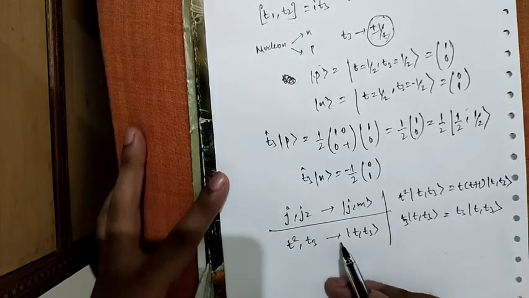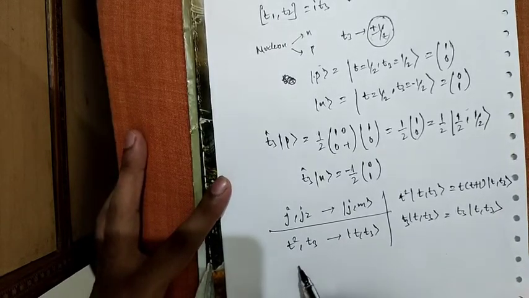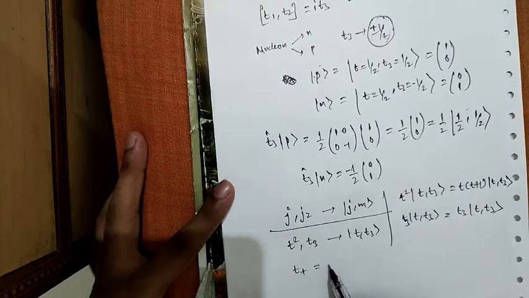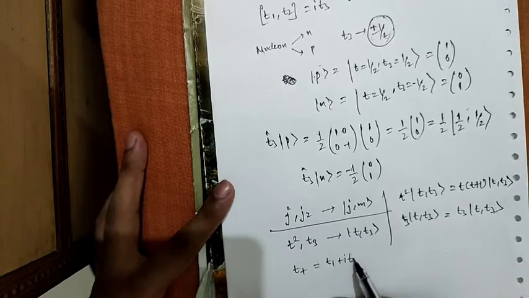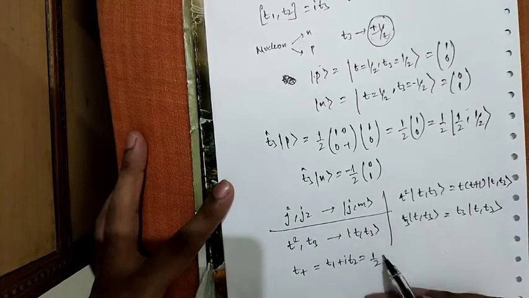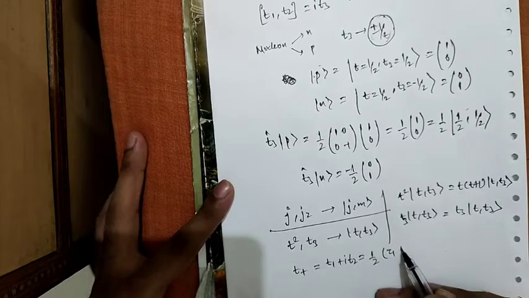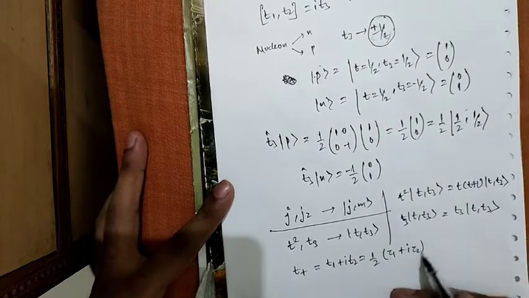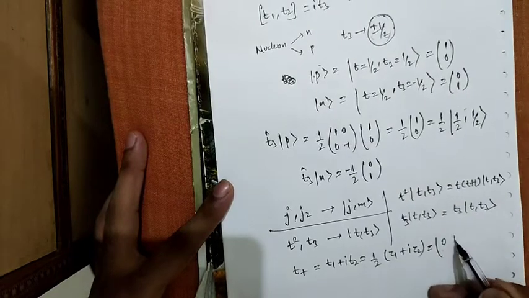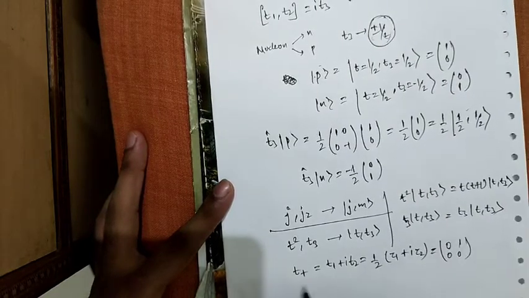For isospin we can also introduce the raising and lowering operators. The raising operator T+ equals T1 plus i T2, which equals half of (tau 1 plus i tau 2). On evaluating this, we conclude that it equals [0, 1; 0, 0].